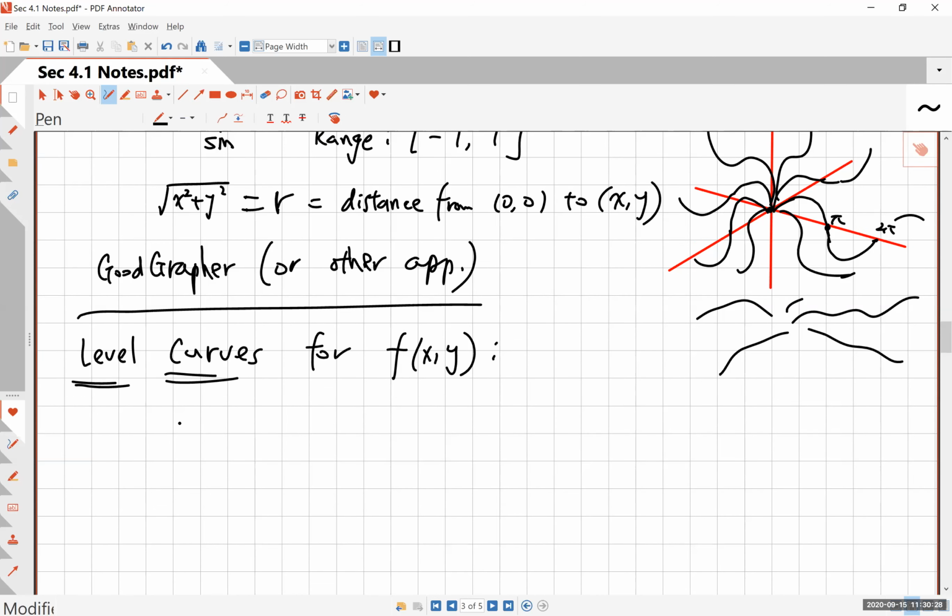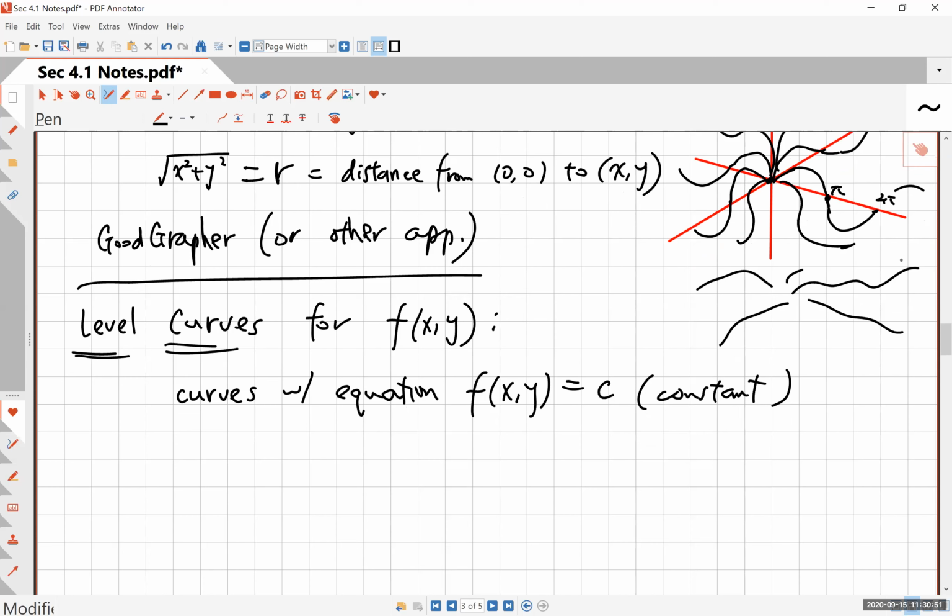So these are simply the level curves, curves with the level value. So curves with the equation f of (x, y) equals some number, but we pick a constant. And if the constant is 0, we say the level curve for 0, and so on.